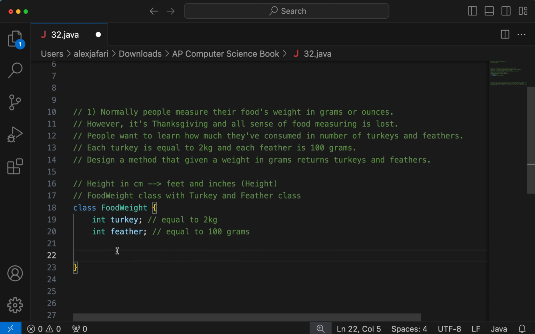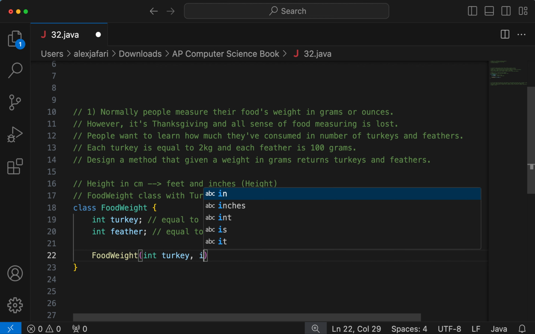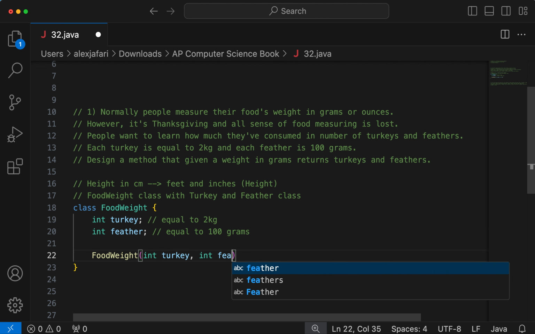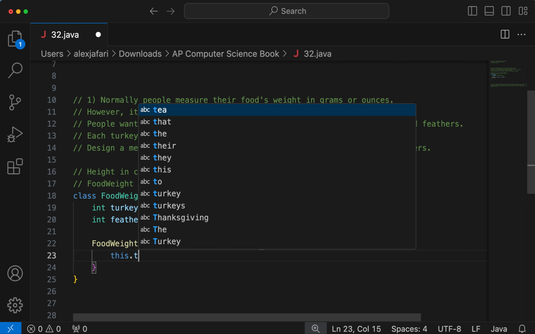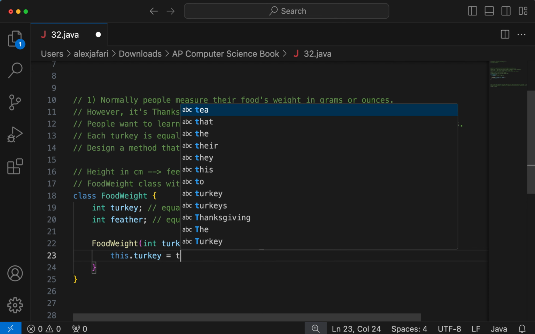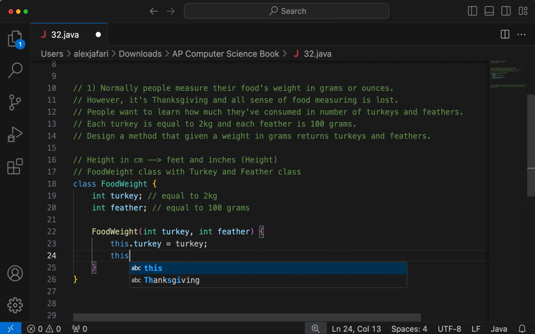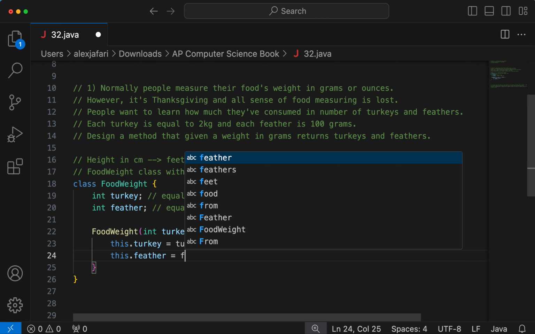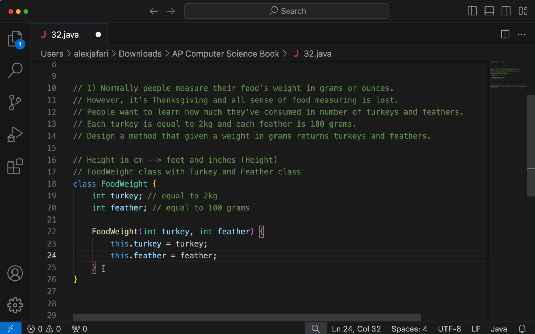Exactly. What do we need here? The constructor. Exactly. So we're going to do food weight, int turkey and int feather. This dot turkey gets turkey, and this dot feather gets feather. Alright, great. Now we have our food weight class.